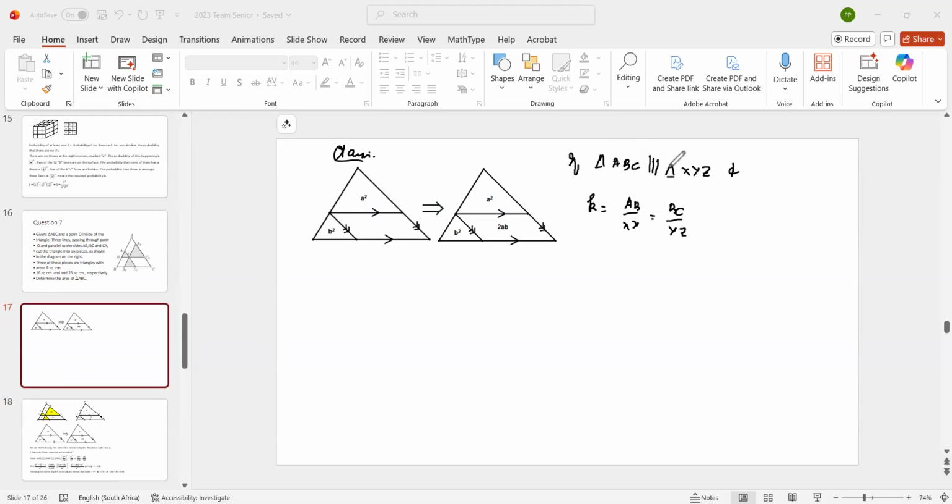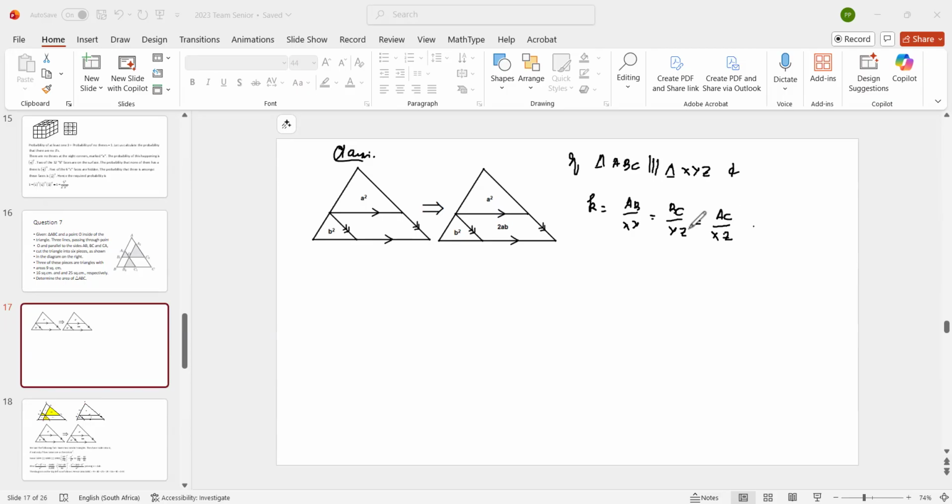As long as these have been named in a proper way, angle A and angle X are the same, angle B and angle Y are the same, angle C and angle Z are the same. If you name it like that, then these sides are first second over first second, second third over second third, and then first third over first third.